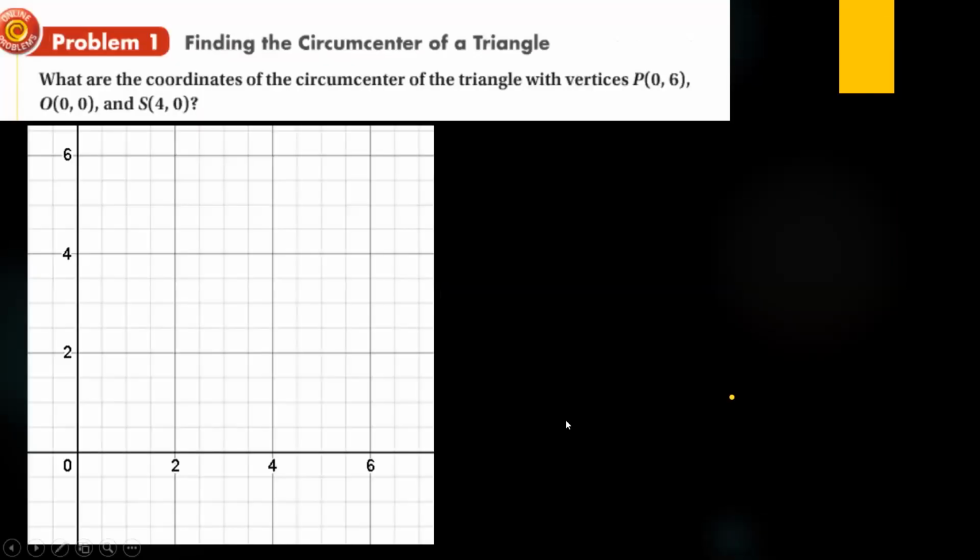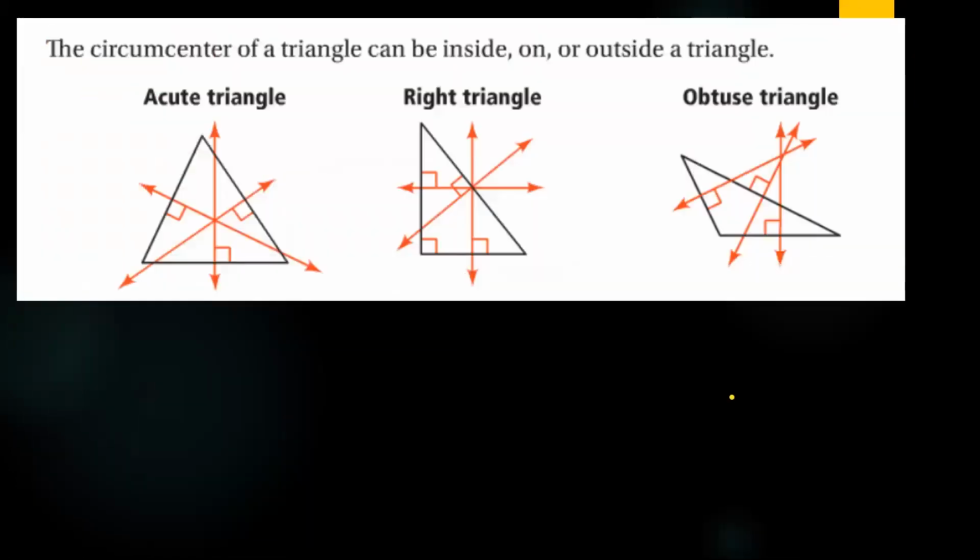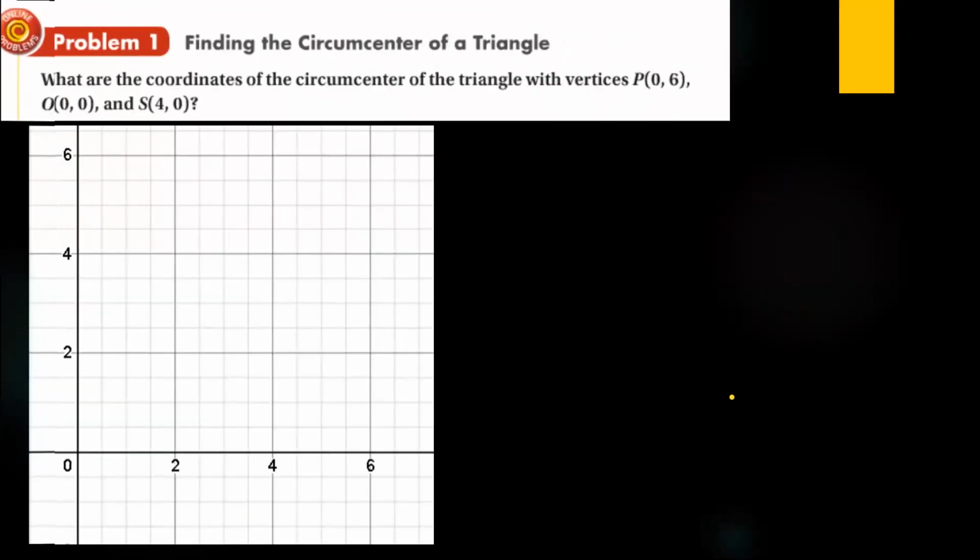Now, this solves problem number 1 here: finding the circumcenter of a triangle. Here I need to find the circumcenter of a triangle. So what do I need to do? First, I need to draw my triangle. Then I draw the perpendicular bisectors.